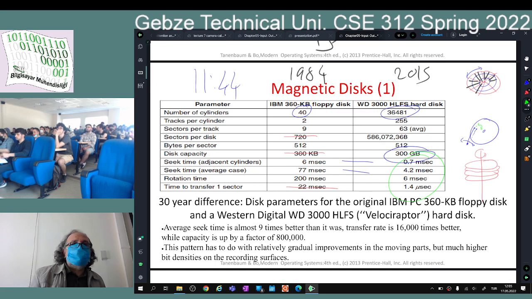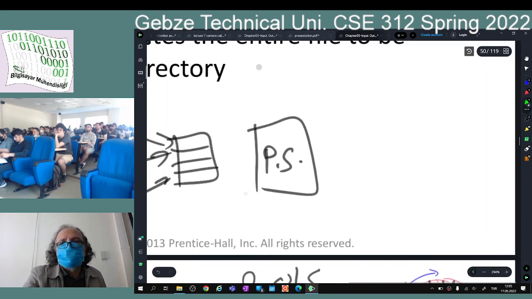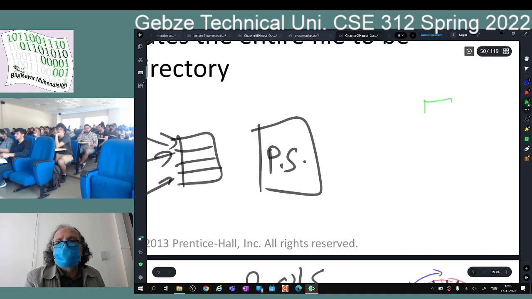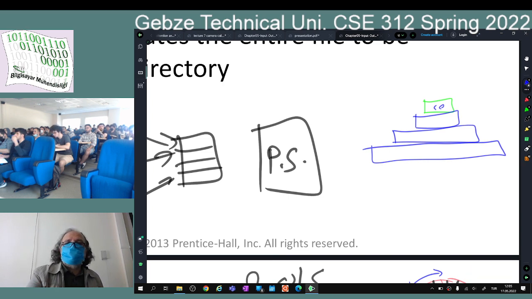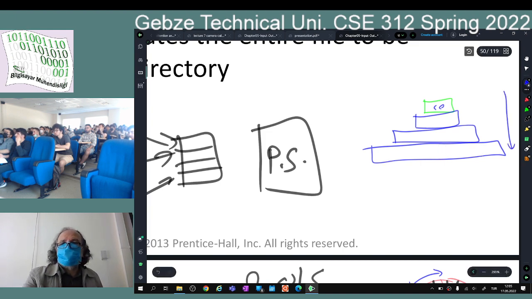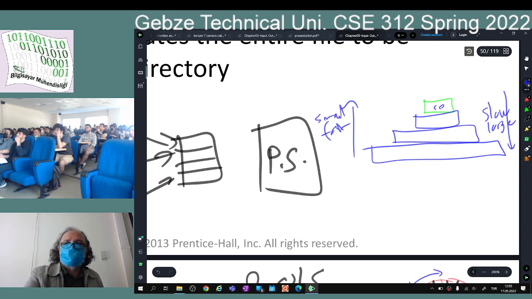Okay, that's the case for the mechanical stuff. And the idea is nice. Remember our memory hierarchy. At the top we have the registers, then we have the cache, we have the main memory, then we have the secondary storage. Always the data, the location, the medium is getting larger and slower. So this is slow and this is fast. Also this is large, this is small, right?